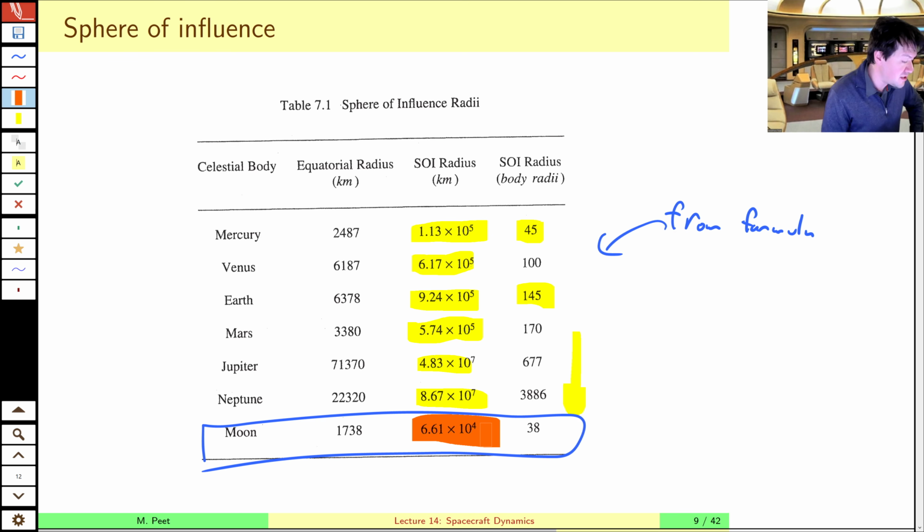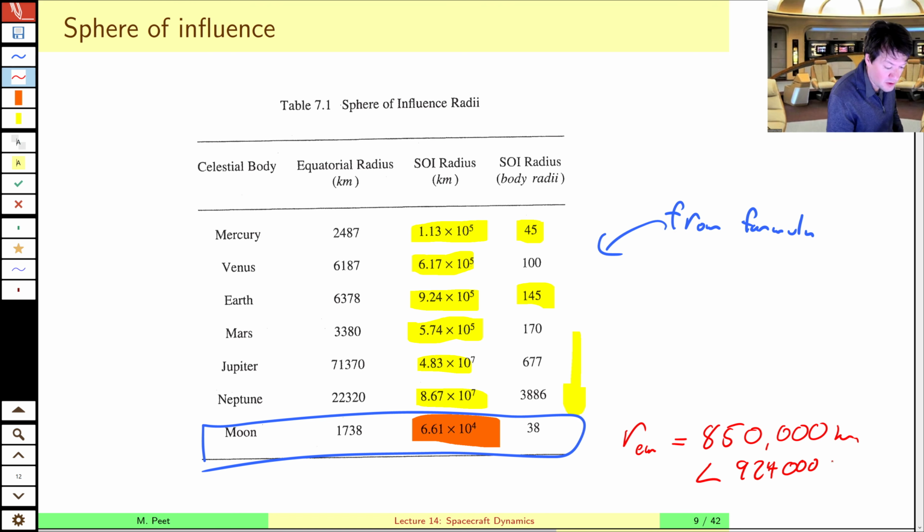But it's a sizable chunk sitting inside the sphere of influence of the Earth. Notice that the distance from the Earth to the moon is only, I believe, 850,000 kilometers, so it's less than 924,000 kilometers, which is that number.